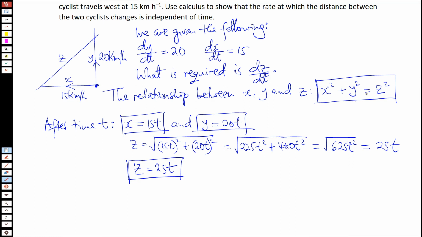So if we differentiate this implicitly, and we are differentiating with respect to t, we'll have d over dt of x squared plus d over dt of y squared equal to d over dt of z squared.